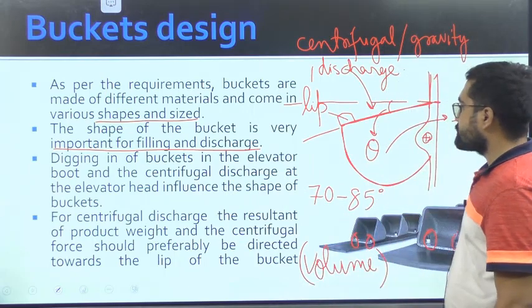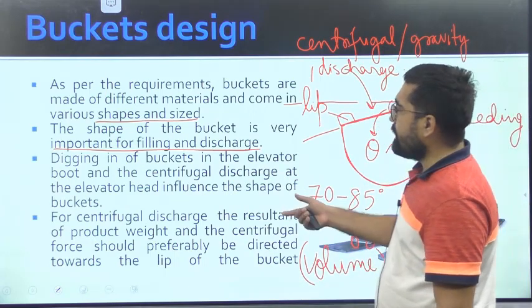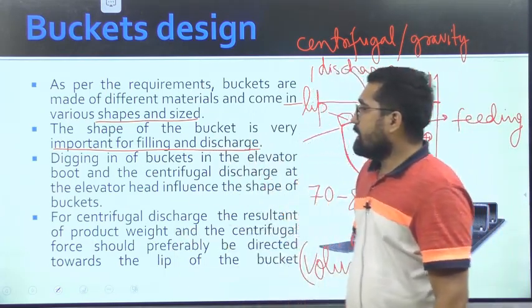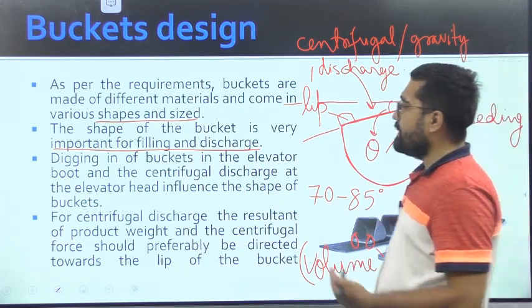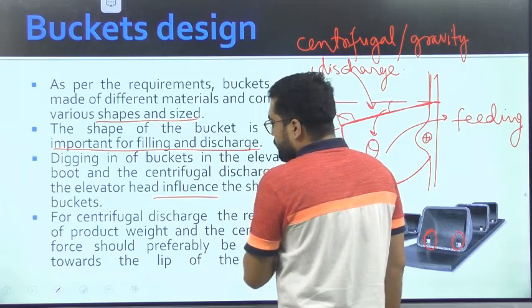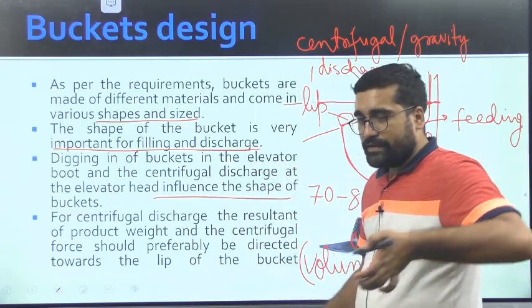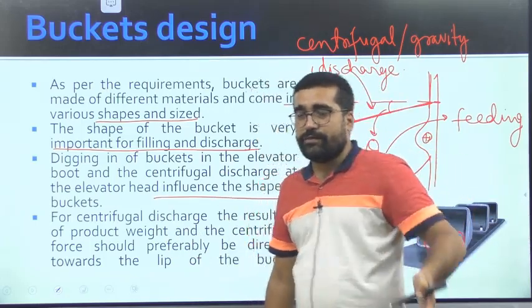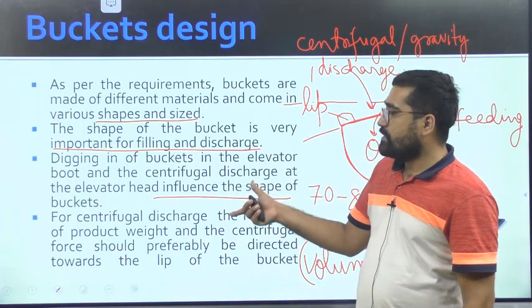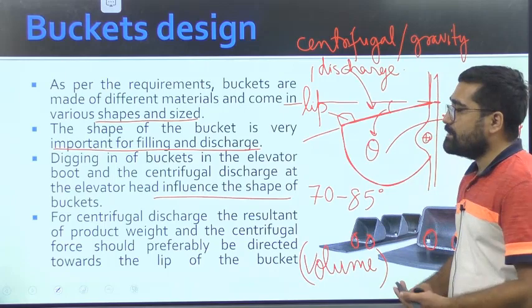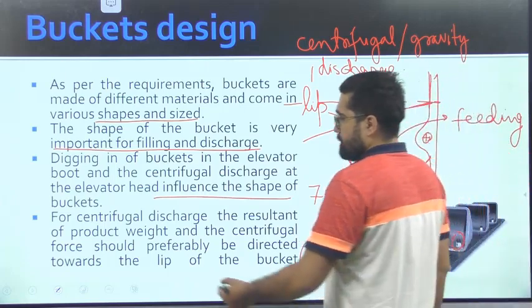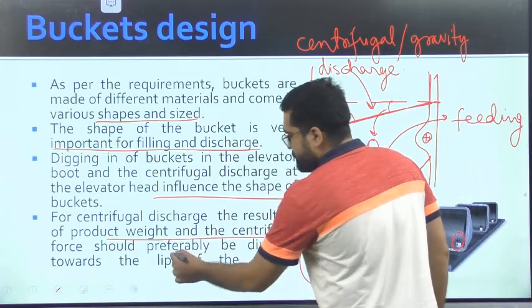The digging of the bucket elevator boot and the centrifugal discharge at the elevator head influence the shape of the bucket. Like filling, when the bucket passes through the material, it will be influenced by the shape of the bucket, and centrifugal discharge results from the product weight and centrifugal force.